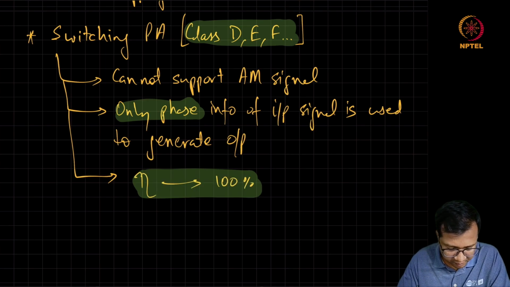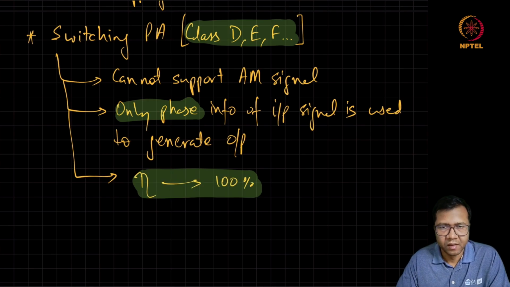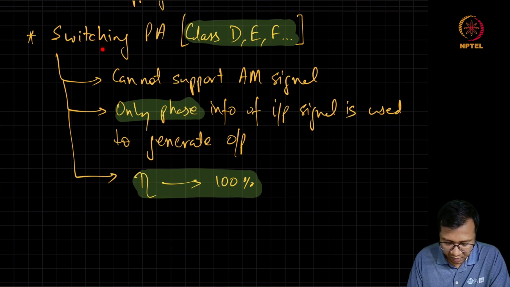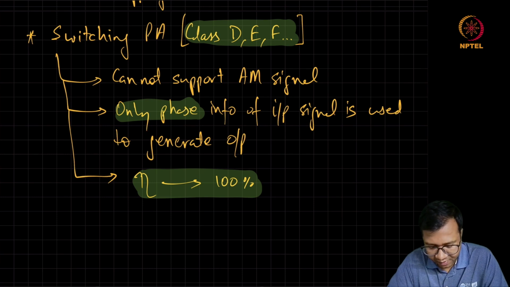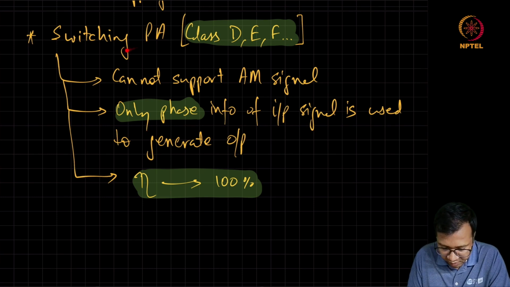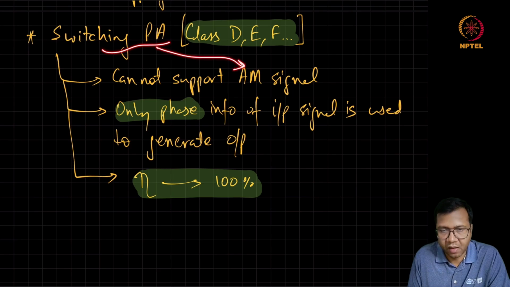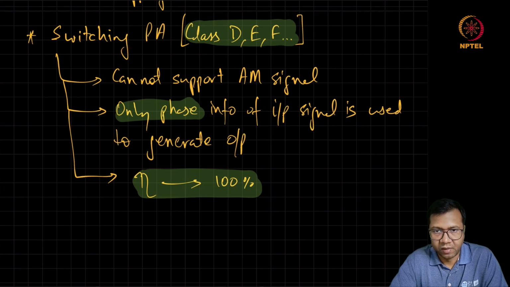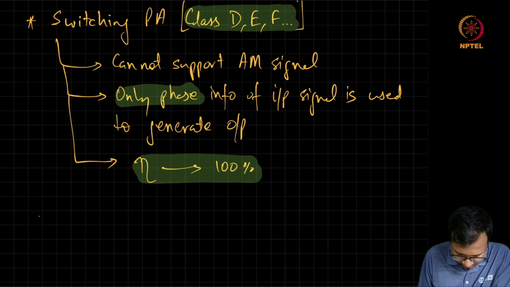So because of this reason, there is a lot of motivation for using switching PAs, as the efficiency is very high. And by using digital and mixed signal techniques, we will try to see how the switching PAs can be modified to support amplitude modulated or non-constant envelope signals as well.